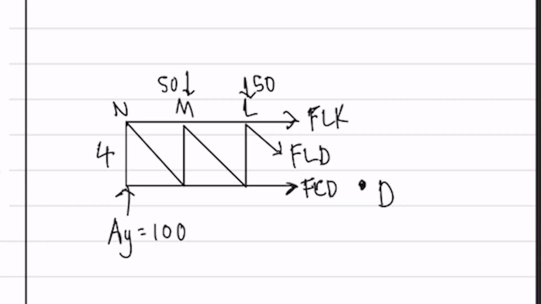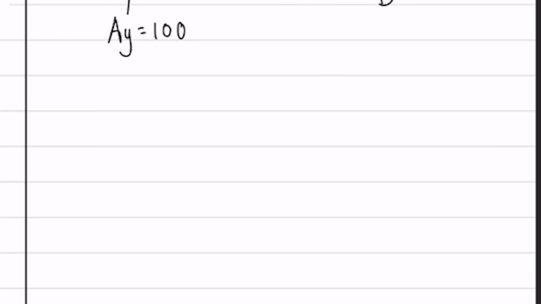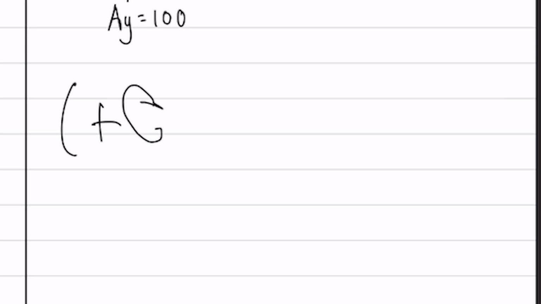Next, we need to identify which members are in tension or compression for FLK, FLD, and FCD. The calculation of FCD. We assume clockwise is positive. Moment of L equal to 0.